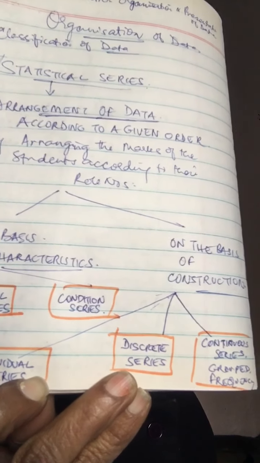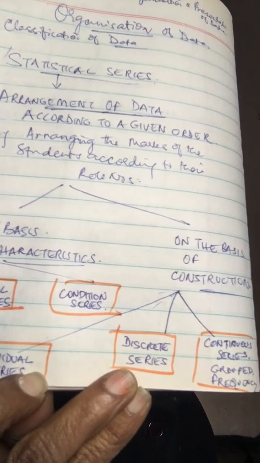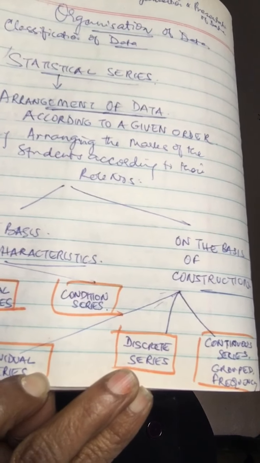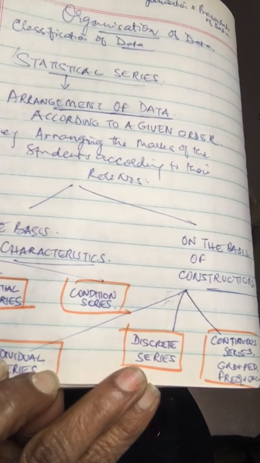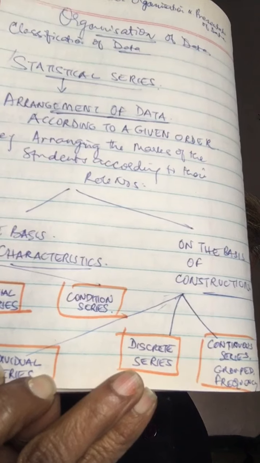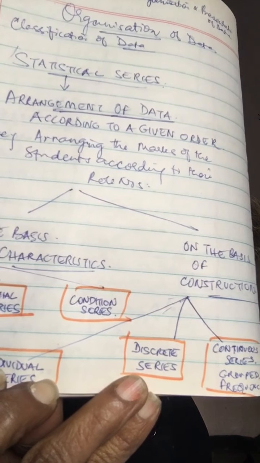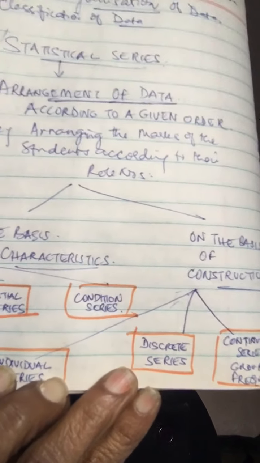It is again arranging the data either in an ascending way or a descending way, or maybe roll number wise, and on that basis. They are those in which the items are listed singly. Each item is listed singly.